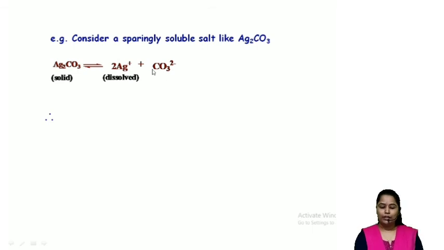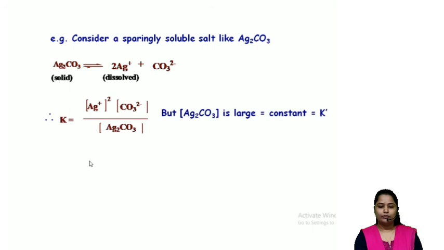Applying the law of mass action, we get K is equal to [Ag+]^2 [CO3 2-] upon [Ag2CO3]. But it is a sparingly soluble salt, therefore it has very low solubility, which means the concentration of solid is nearly constant.